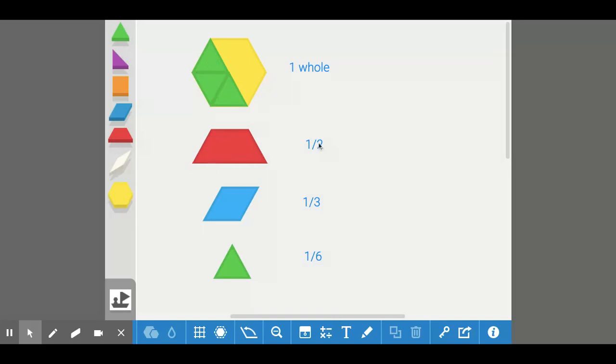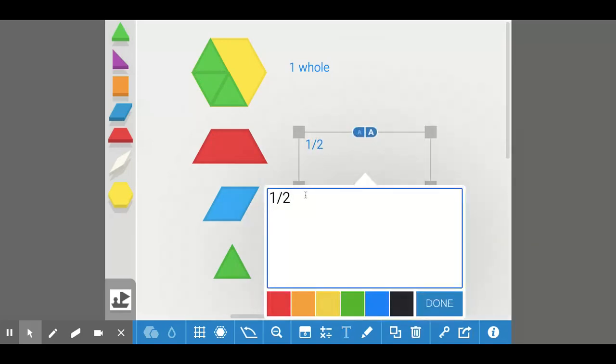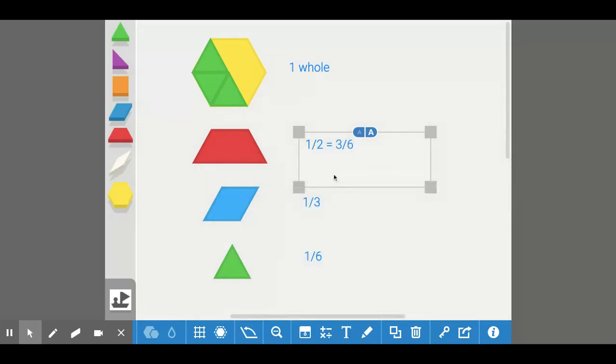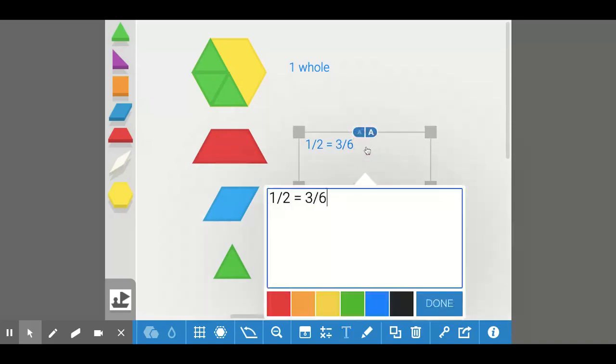So 1/2 is actually equivalent or equal to 3 out of 6, 3 triangles. So 1 red shape is the same as 3 triangles. Those 2 fractions, 1/2 and 3/6, are also called equivalent fractions. They have the same value.